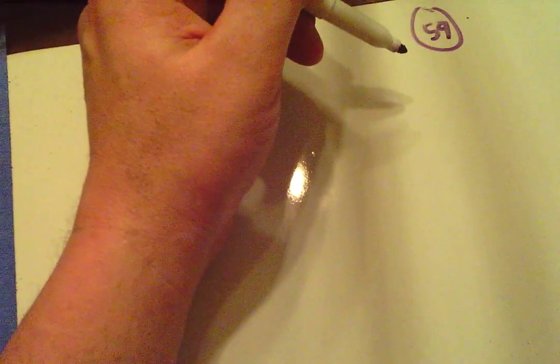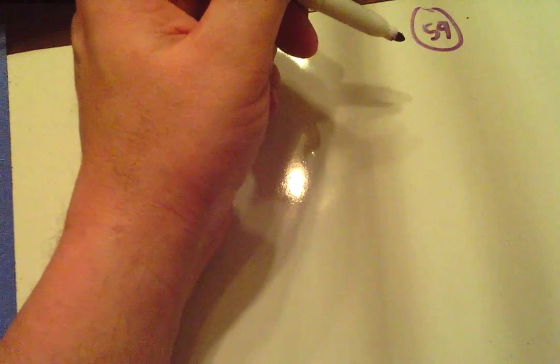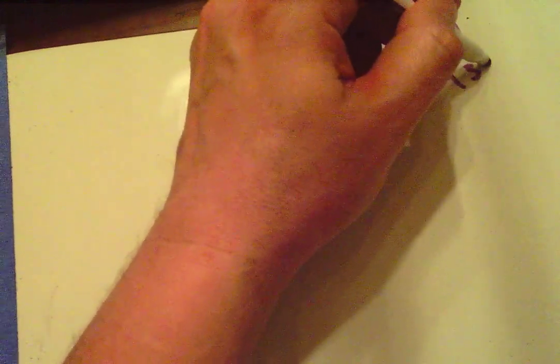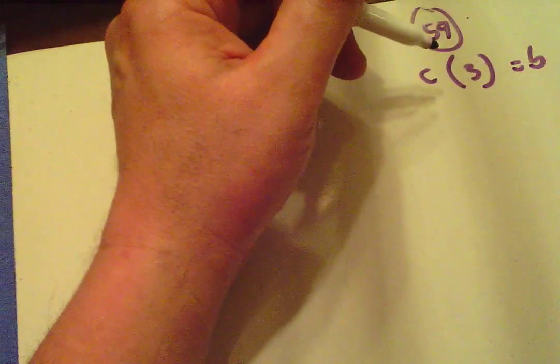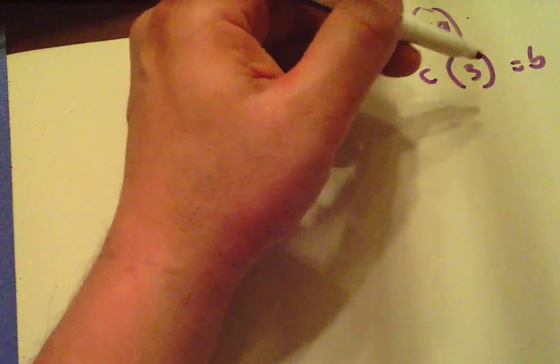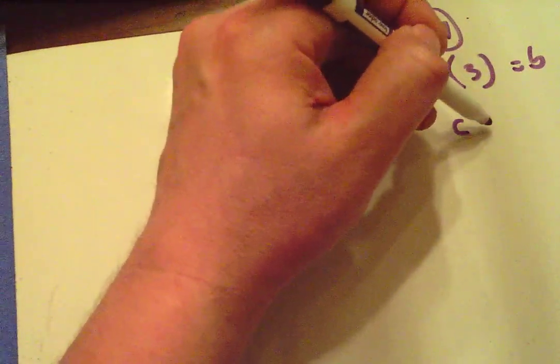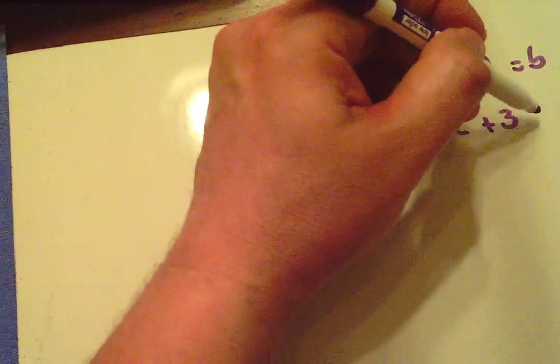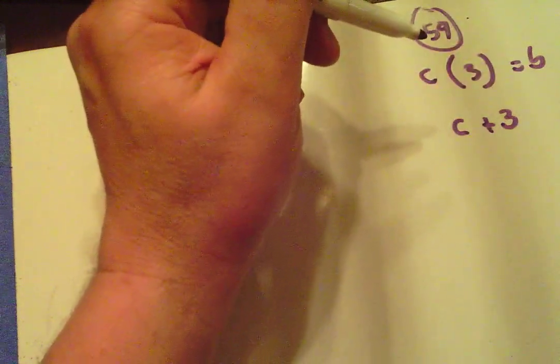Okay, last 2 problems. 59. 59 says such that the product of C and 3 is B, which of the following represents the sum of C and 3 in terms of B?